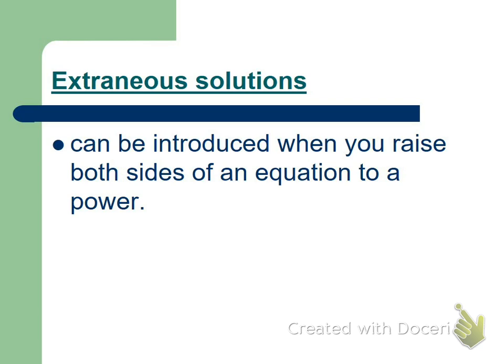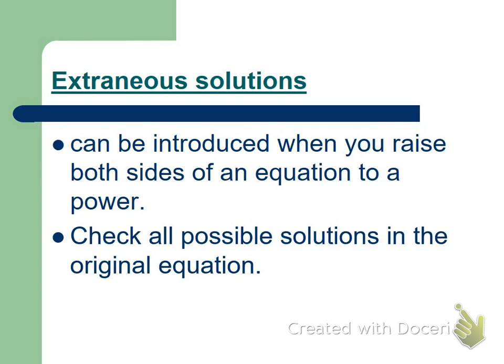Extraneous solutions can be introduced when you raise both sides of an equation to a power. So we have to check all possible solutions in the original equation. So yesterday our answers always worked out, so we knew we got it right.